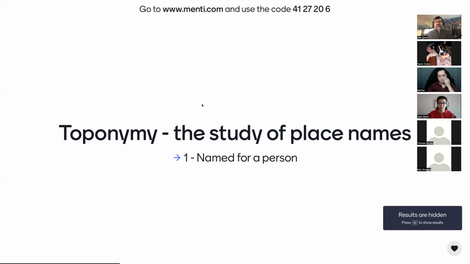If we think back to the Pacific Rim, remember we found a few of these places, in particular for explorers. James Cook got his name on the map, the Cook Strait between the North and South Islands of New Zealand. Abel Tasman got his name on the map, Tasmania, the big island of Australia. Yes, often explorers get their names on maps, but sometimes it's other people too.